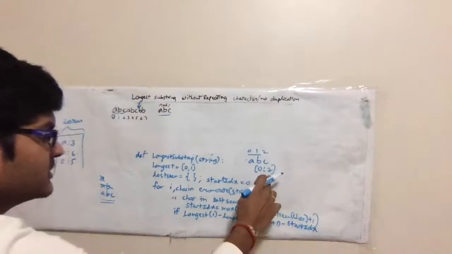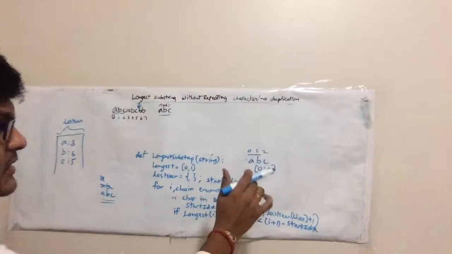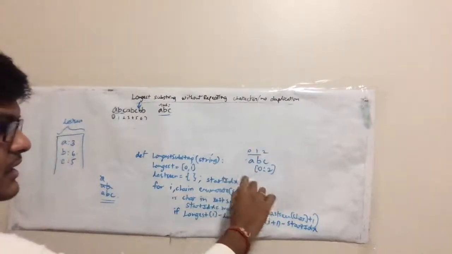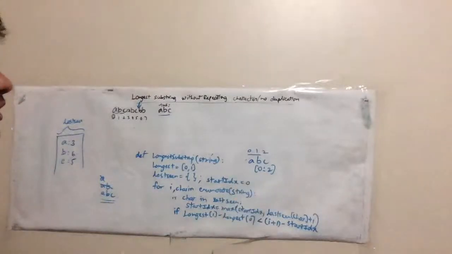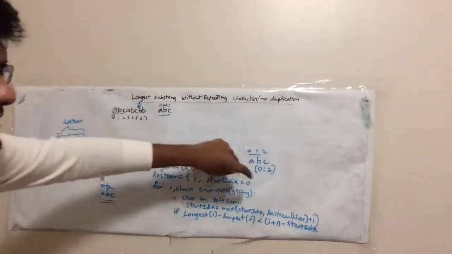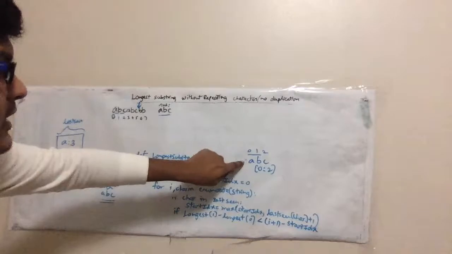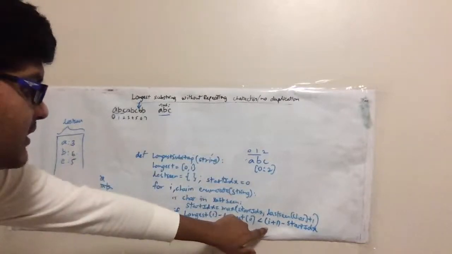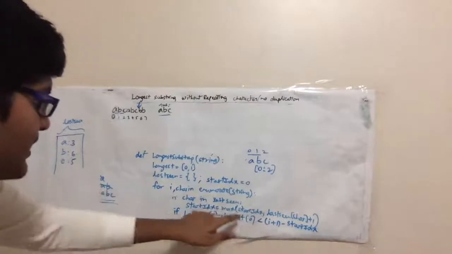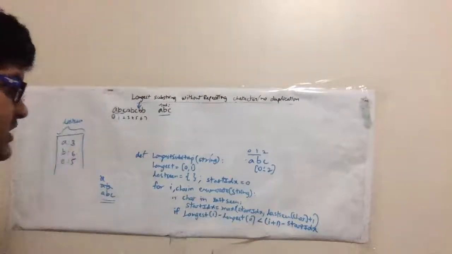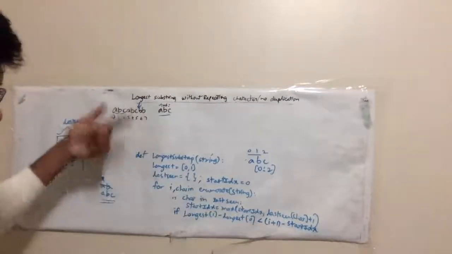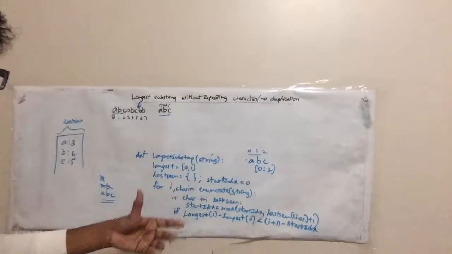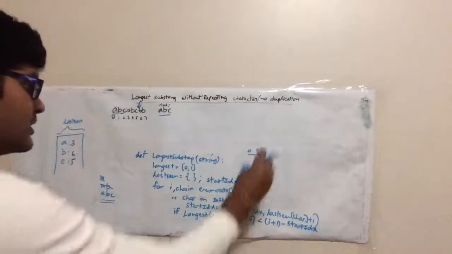So the second index element is not included in this call. In this slice, only 0 and 1 would be there. That is the reason I have kept I plus 1 minus start index. We are updating the start index such that the substring will start from there.